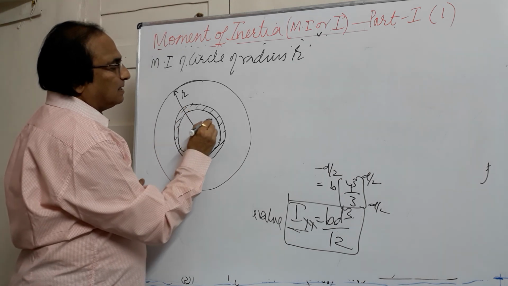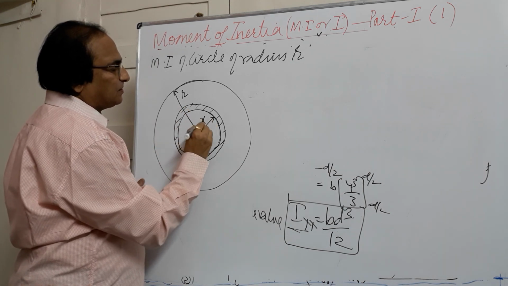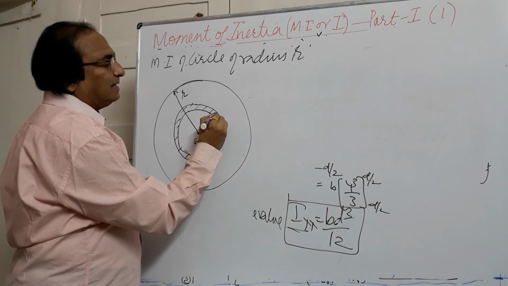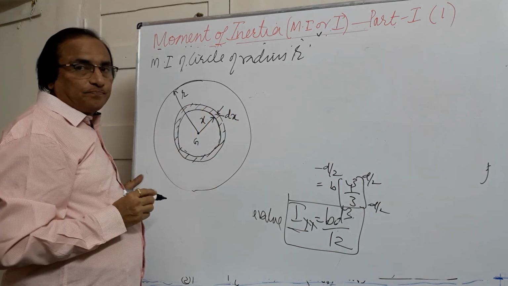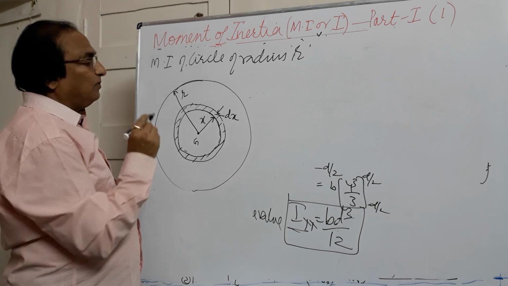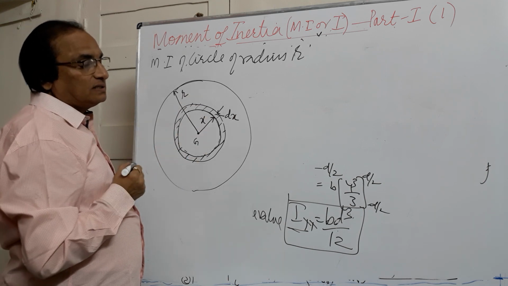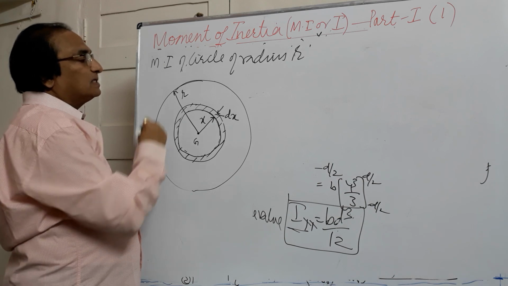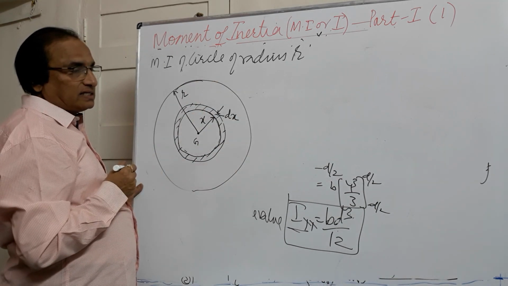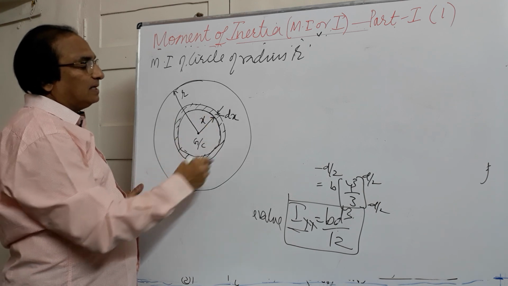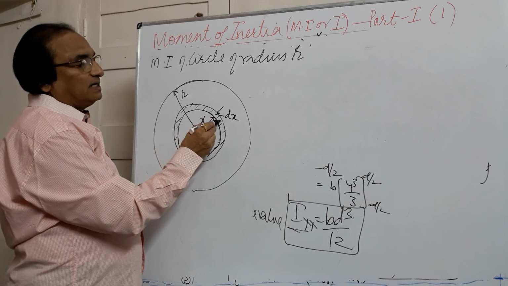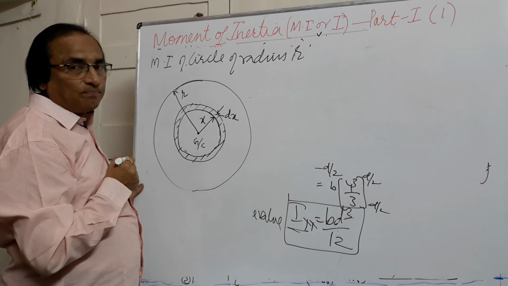Let the elemental strip be at a distance of x from the center, and let the thickness of this elemental strip be dx. Now we want to find the moment of inertia of this circular area. So take a circle of radius r with G or C as the center, and take an elemental strip of thickness dx at a distance x from the center.